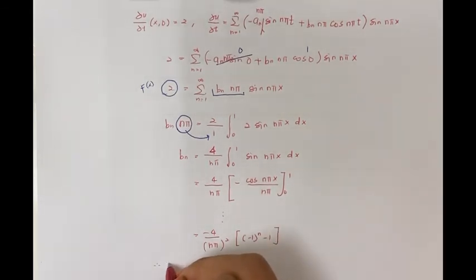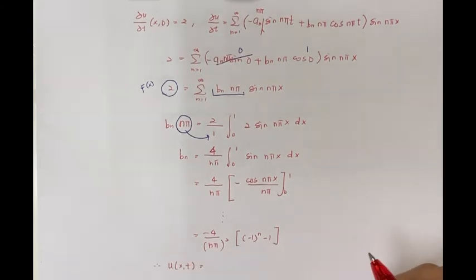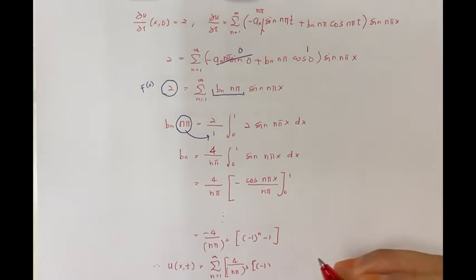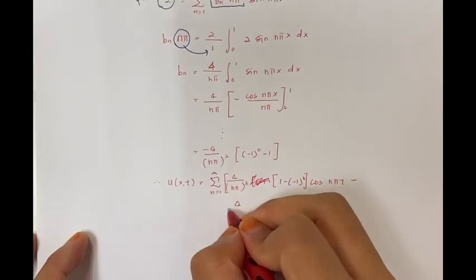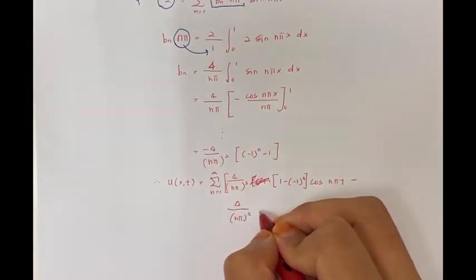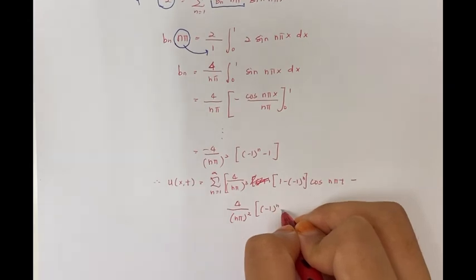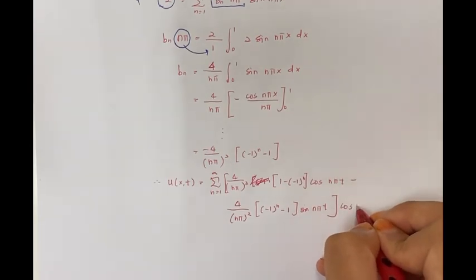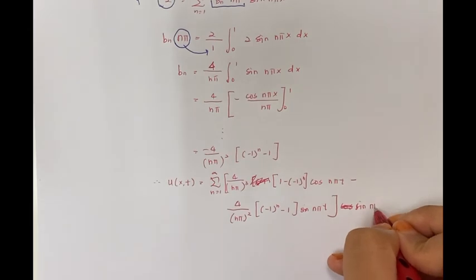And the last answer for u(x,t), when you substitute all the a_n and b_n, it is equal to summation n from 1 to infinity, 4 over n pi cube, 1 minus negative 1 to the power of n, cos n pi t minus 4 over n pi square, negative 1 to the power of n minus 1, sin n pi t, and you need to multiply with sin n pi x.